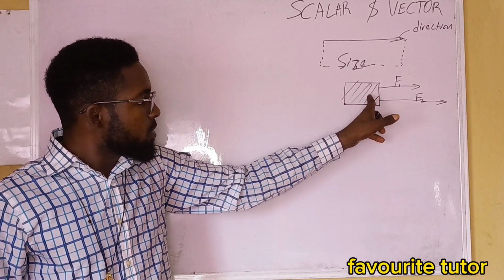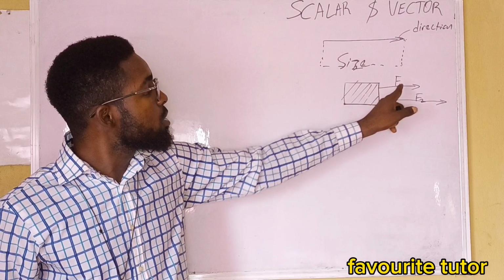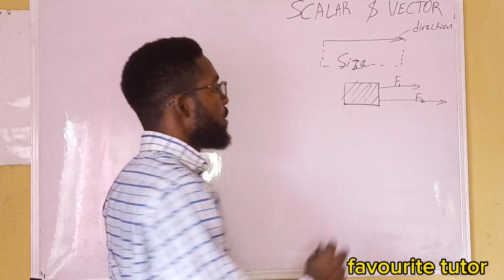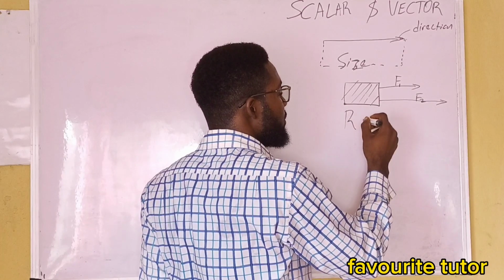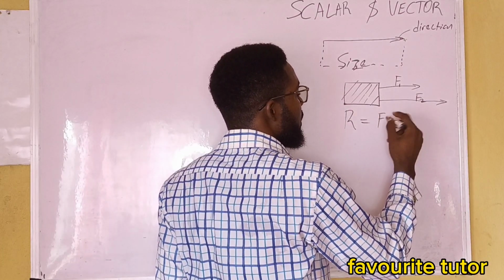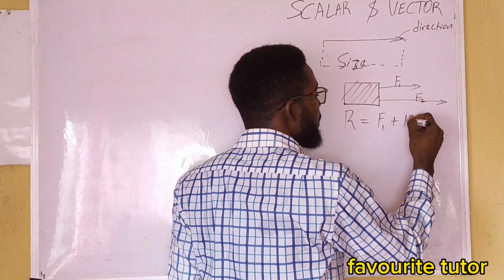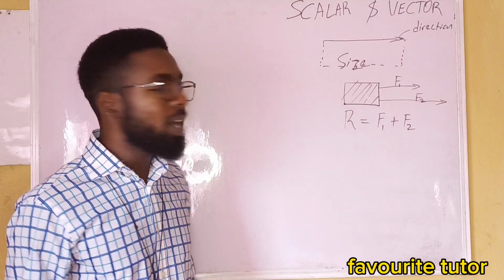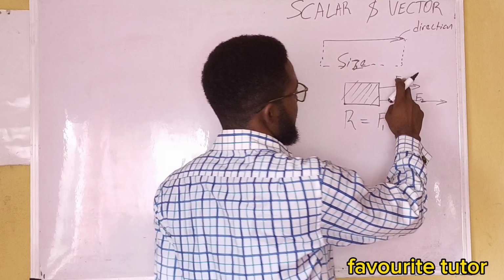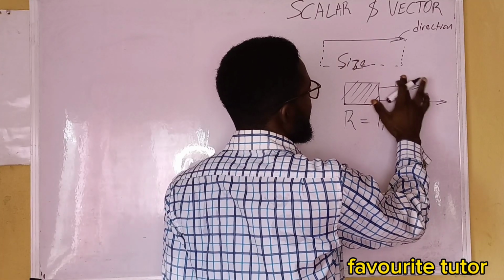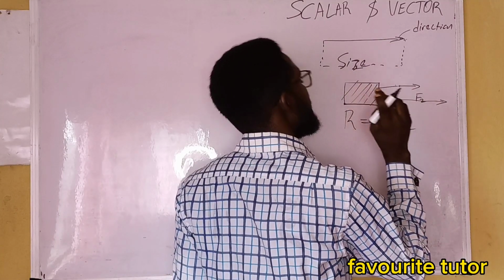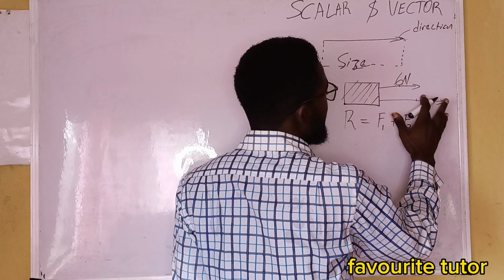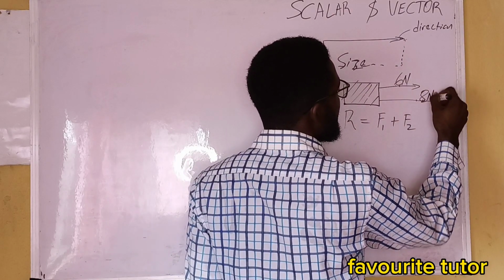The net force on this body is the sum of force 1 and force 2. So therefore, the net force, which is the resultant, is equal to force 1 plus force 2. For example, let us say this one is 6 Newton, while this is 8 Newton.